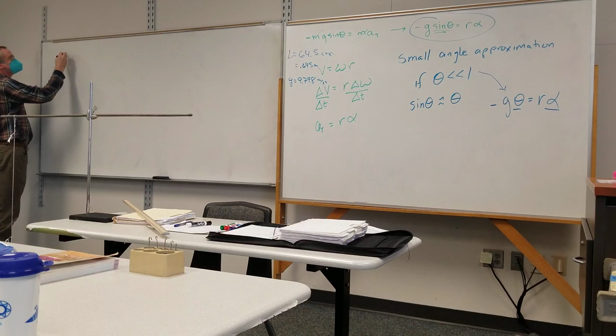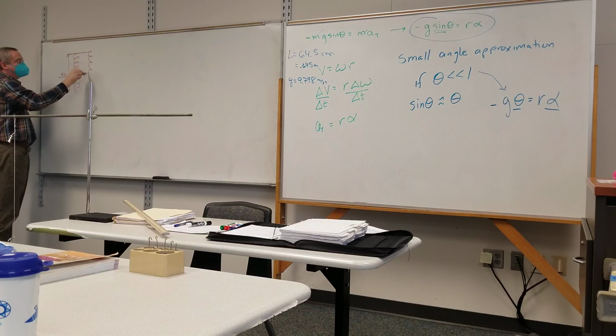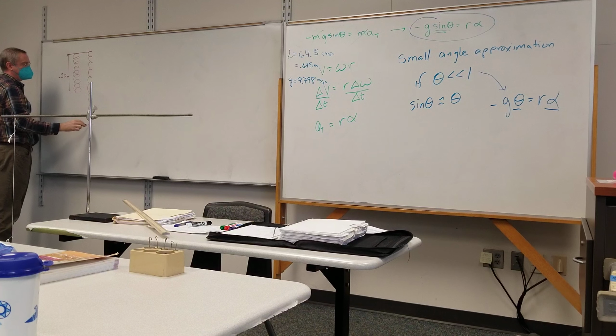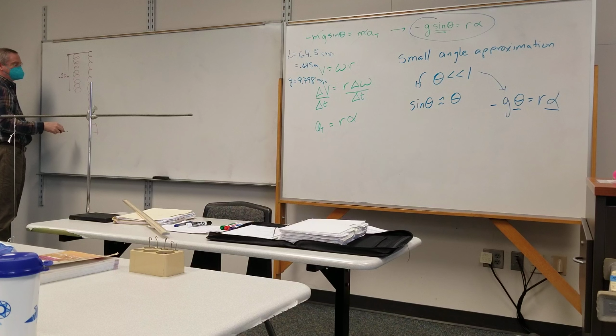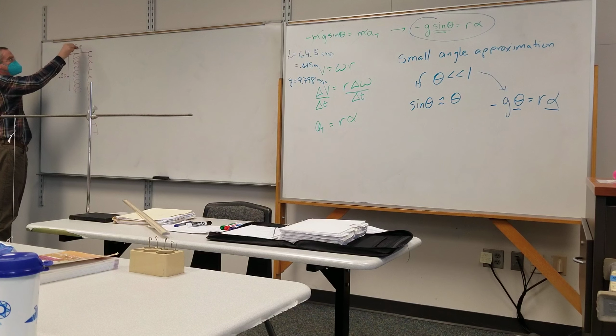All right, just going back to normal simple harmonic motion. I've got a spring here that hangs, we'll just say 50 centimeters, 0.5 meters. I attach a mass to it, and it hangs in equilibrium.